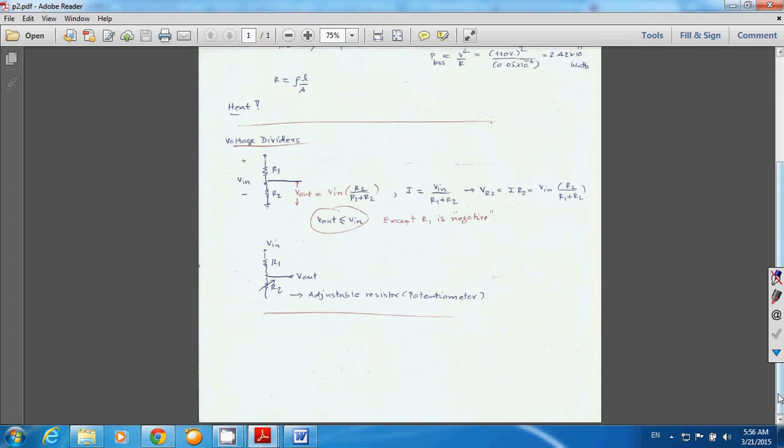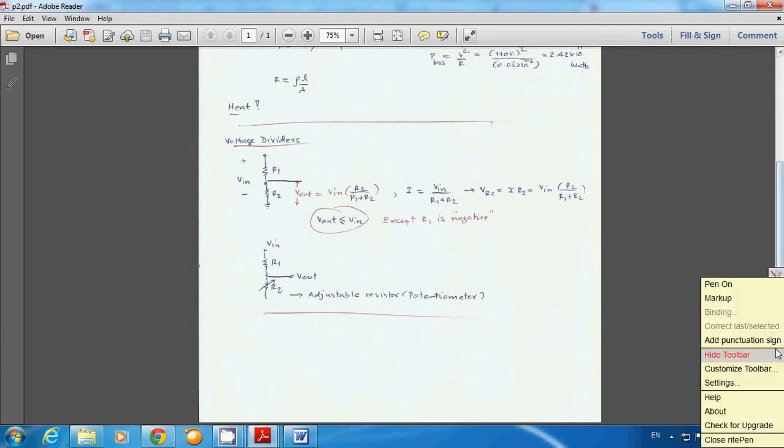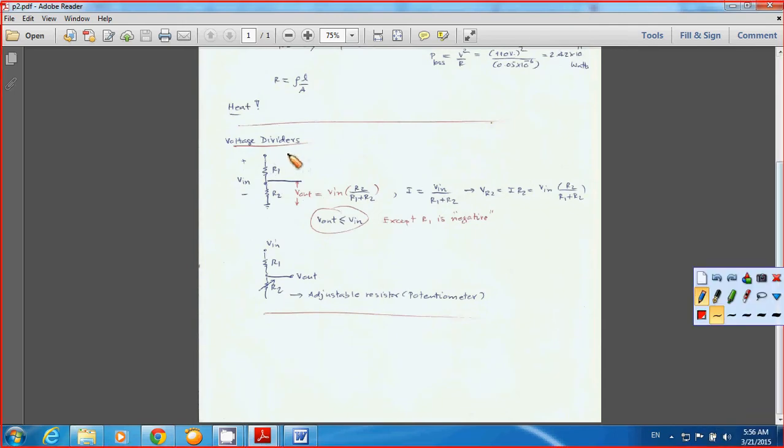The other circuit that is often used is what we call the voltage divider. We use the voltage divider just to reduce the voltage. When you have the input voltage V in and you want V out to be less than V in, we connect R in series, just like this, and we take this as the output here.